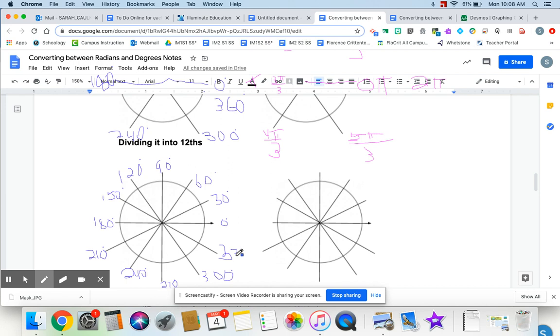So I'm just adding 30 each time. And then finally, if I went through a whole circle, we'd be at the 360.